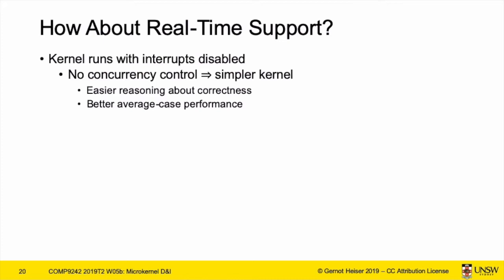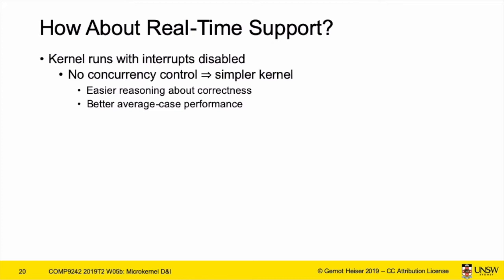So this is good for average case performance because you don't have to worry about any concurrency control in a single core kernel because you know there's no concurrent accesses. You don't get an interrupt until you're out of the kernel, and that makes it way easier to reason about the correctness.